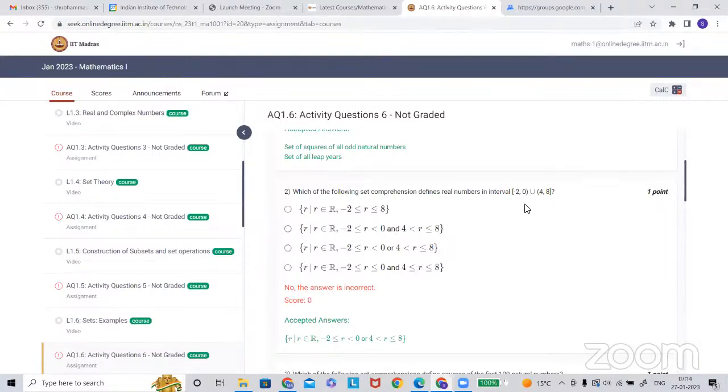Here union is given, so it could be from -2 closed to 0 open, or 4 open to 8 closed. So why not and instead of or? Here union is given.